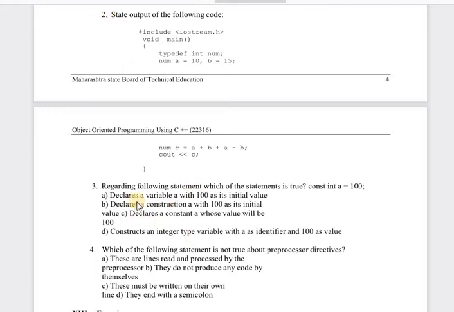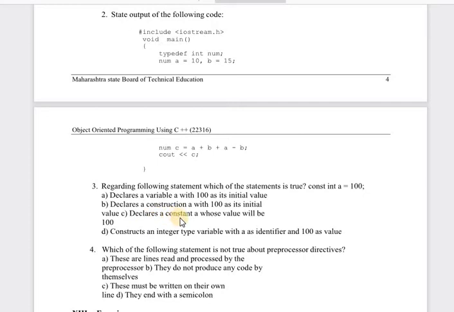Now the third question is: regarding the following statement, which of the statements is true? const int a equal to 100. So see here, the first option: declare a variable a with 100 as its initial value. The second: declare a construction a with 100 as the initial value.